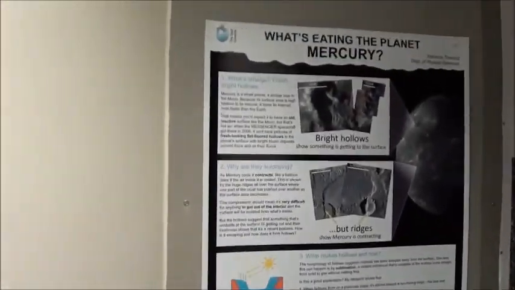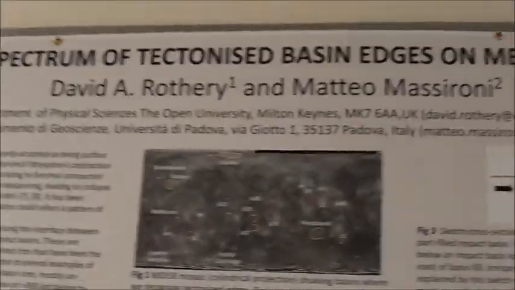Research paper about landforms on Mercury. More Mercury stuff. This is not just me, it's students of mine, and an Italian colleague and I had this poster at a meeting in Houston a few months ago. Colleagues of mine are working, as you can see, on Mars. So this is where the planetary surface people work.